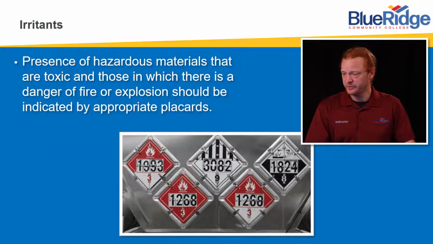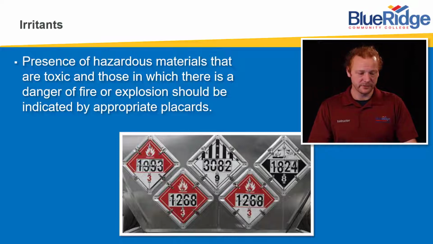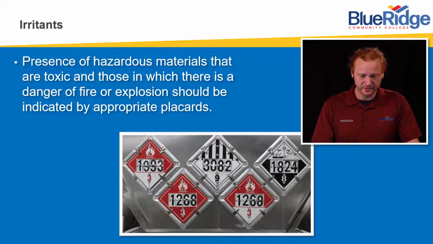Presence of hazardous materials that are toxic, and those in which there is a danger of fire or explosion, should be indicated by appropriate placards. So here we have a couple Class 3 placards for flammable liquids, petroleum distillates, typically used in an immersion and manual cleaning process.